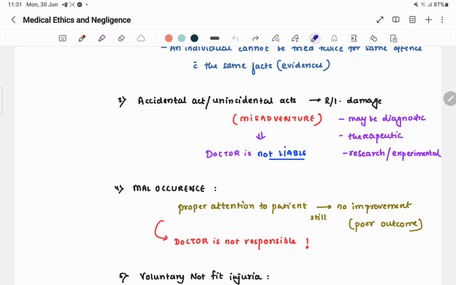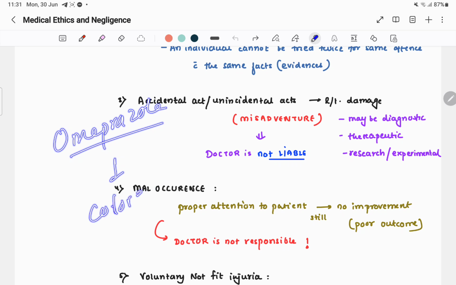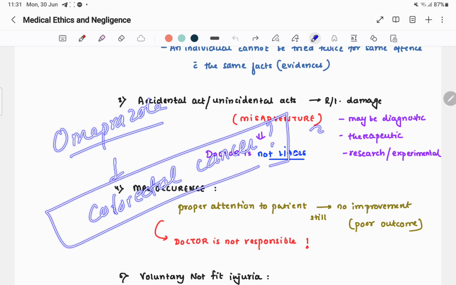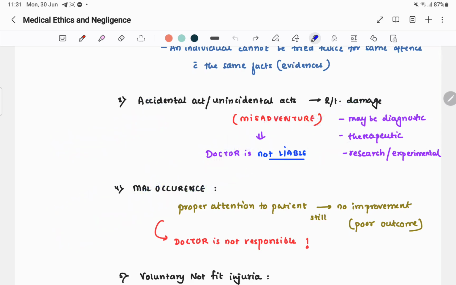But you are unsure whether omeprazole can cause colorectal cancer. You don't know. There is no such text available. So if a patient sues you for colorectal cancer and tells you that omeprazole was causing it, you can very well escape by saying that you don't have any text to support it, so it was a therapeutic misadventure.